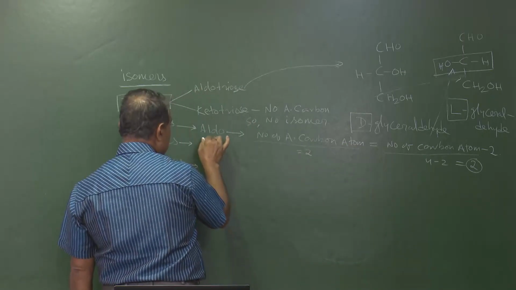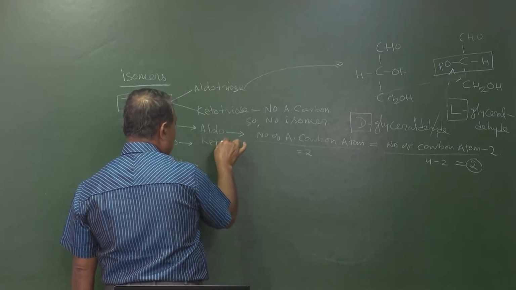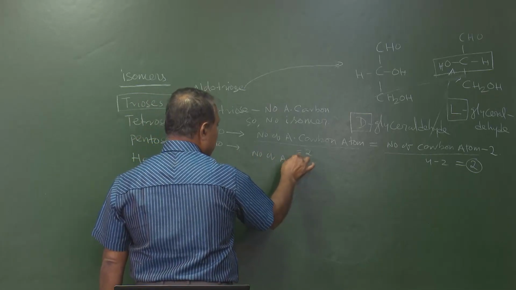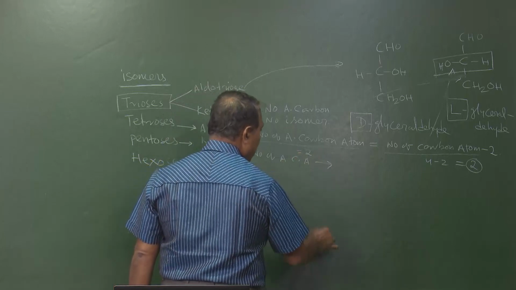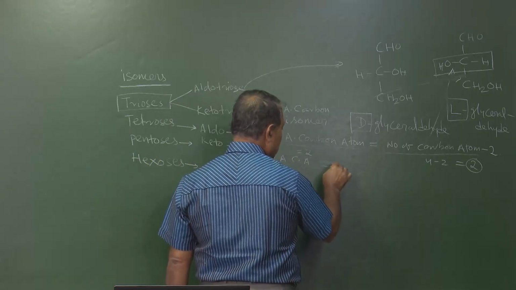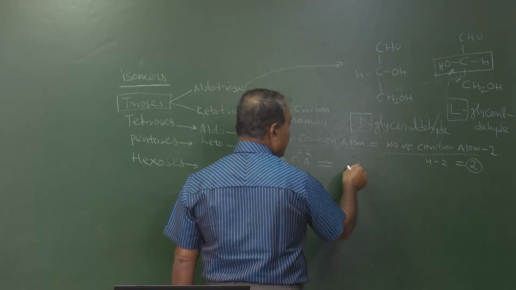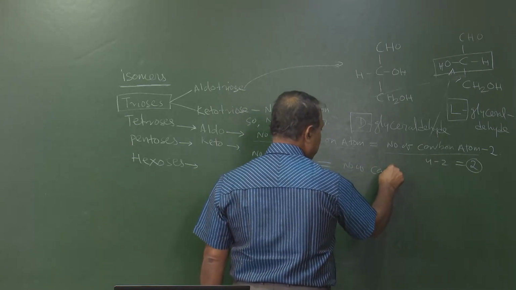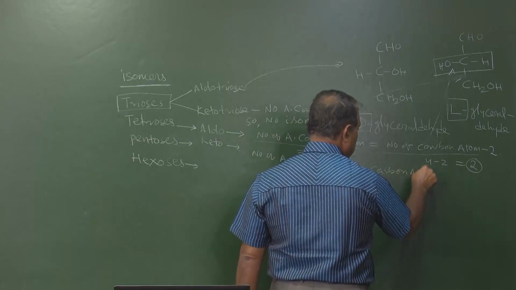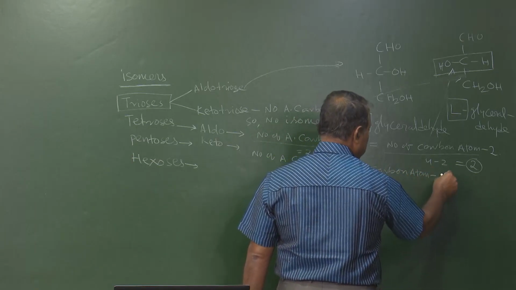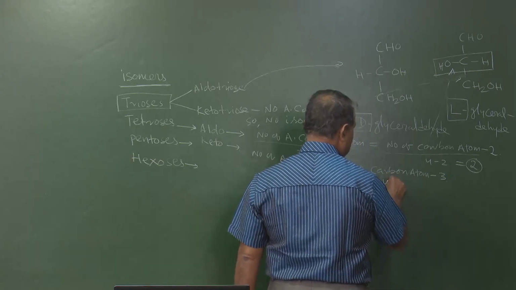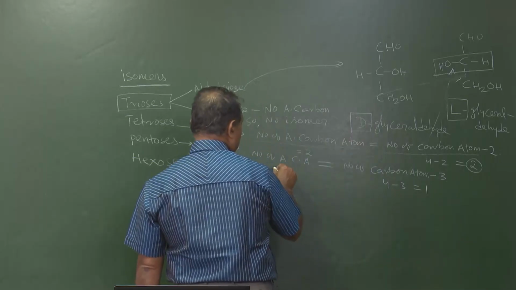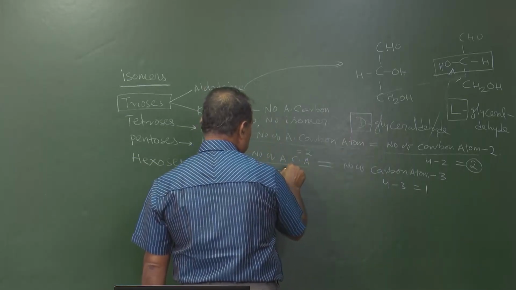When we come to keto, it will be the number of carbon atoms minus 3. So 4 minus 3 is equal to 1. So the number of asymmetric carbon atoms will be 1.